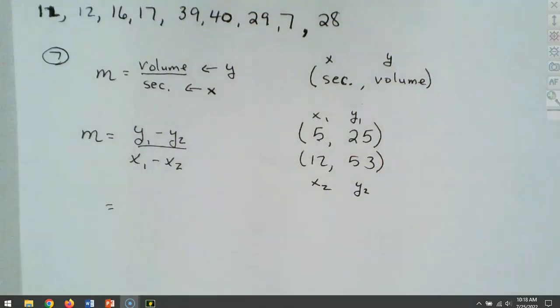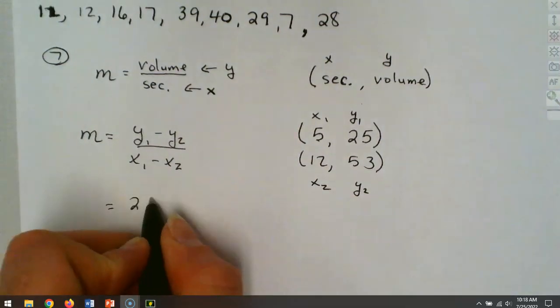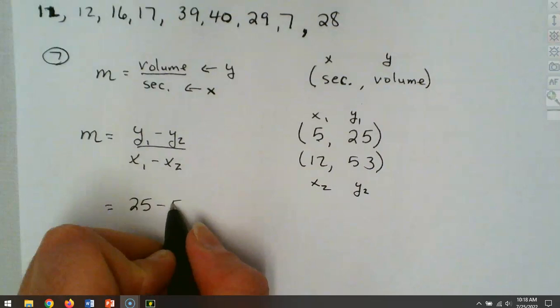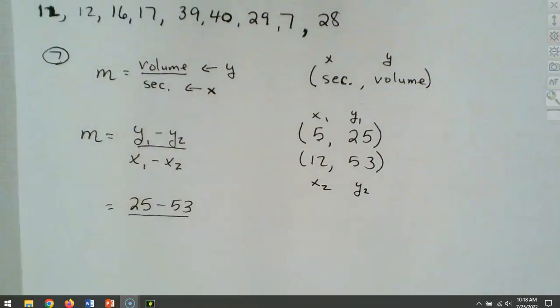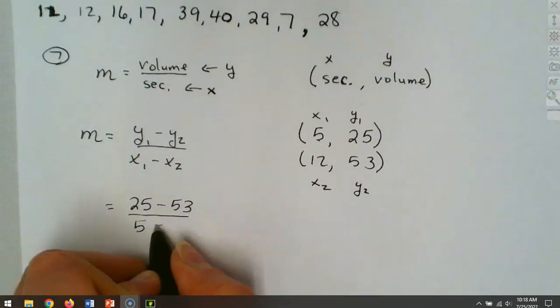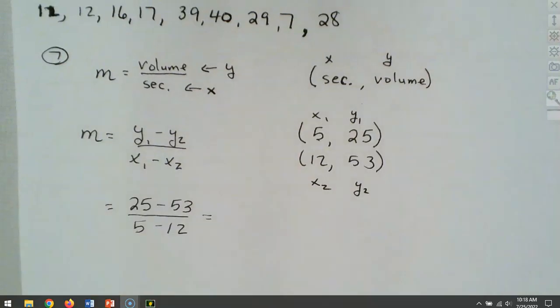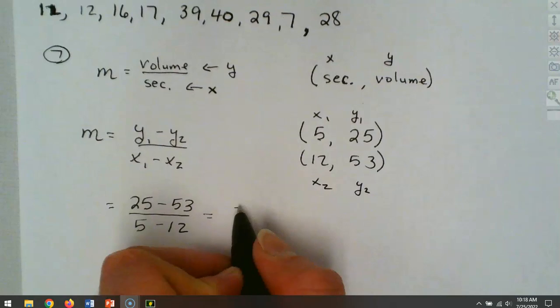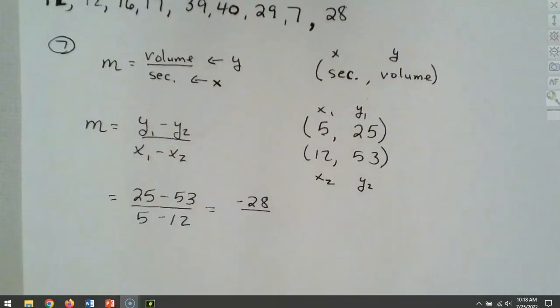So now we can just plug them in. So average rate of change, that just means your slope. And so that's 25 minus 53 over 5 minus 12. And we know it should be positive because we're filling it up, right? So the volume should be increasing, so the rate of change should be going up.